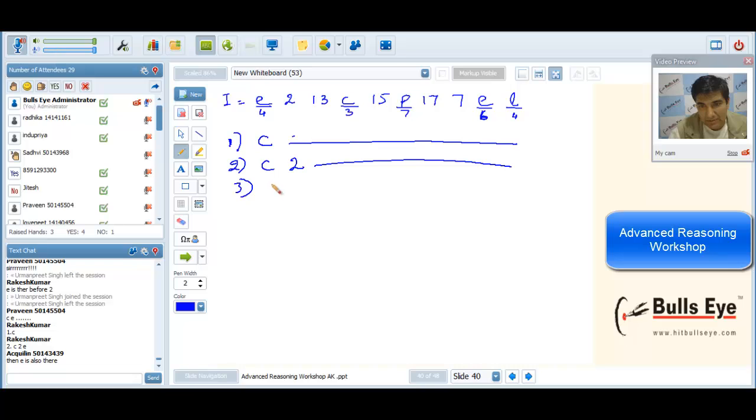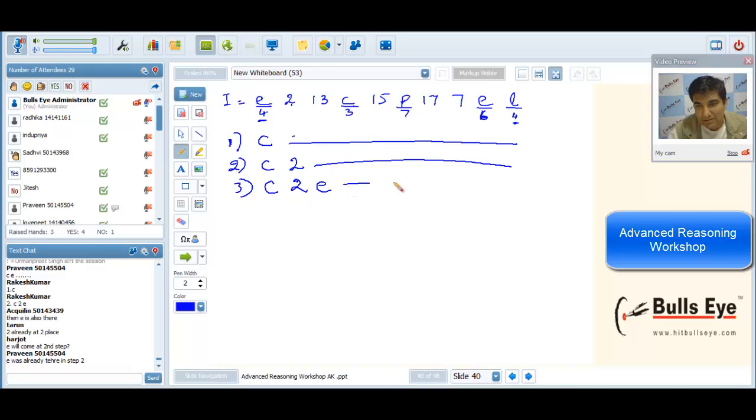In the third step, we should have C, 2, E. E should come before L. Why? Because it is now the alphabetical order. Now, we go to the next step.